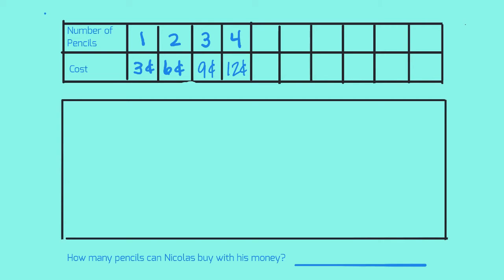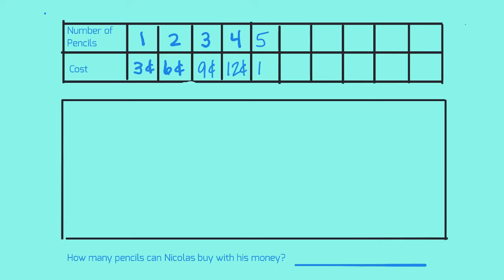So if we wanted to know how many pencils he could buy with this money, we're going to have to complete our chart. So let's continue. So if he had 5 pencils, how much money would that cost? Get ready.